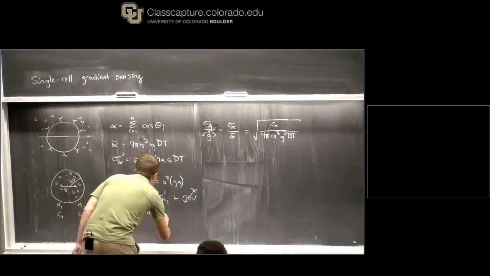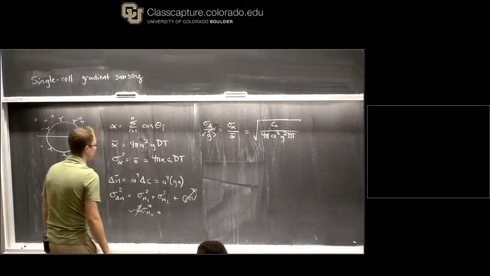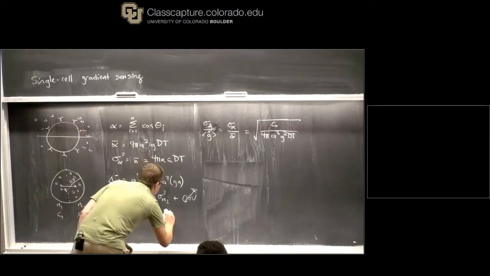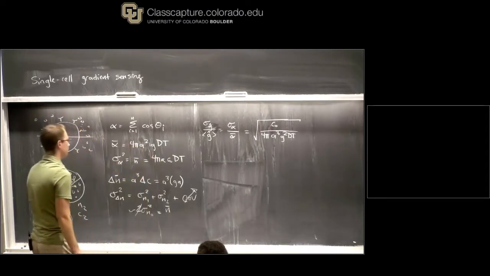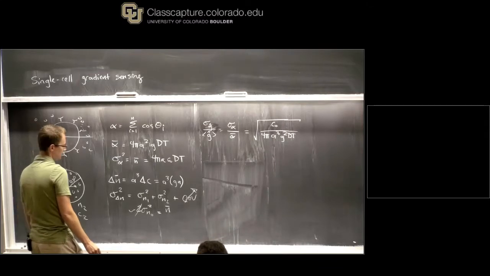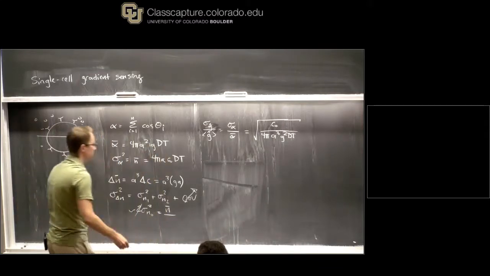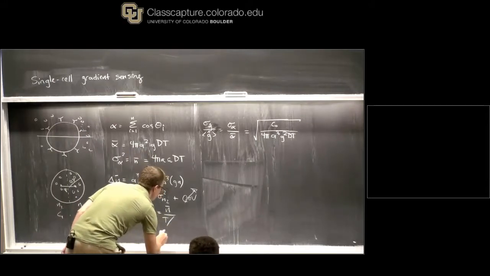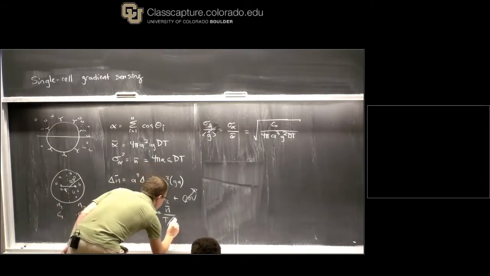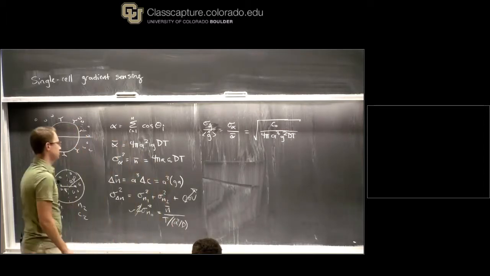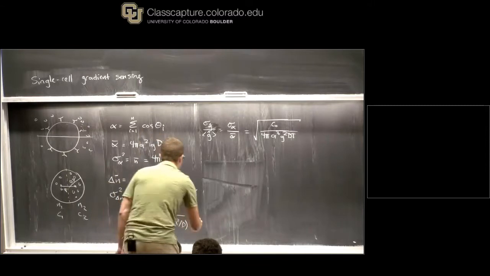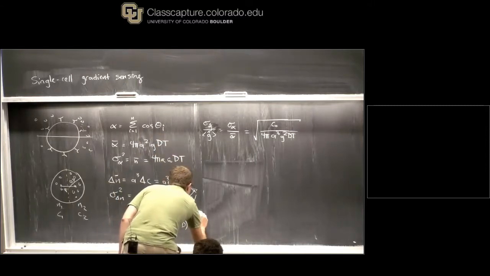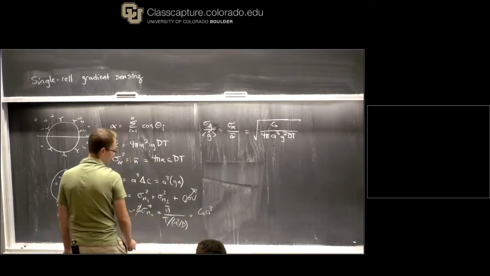And that should be equal to simply n bar in either one of these halves divided by the number of times you get to measure it, right? T over this characteristic diffusion time, which is a squared over D. Right? And n bar is just C naught times A cubed.